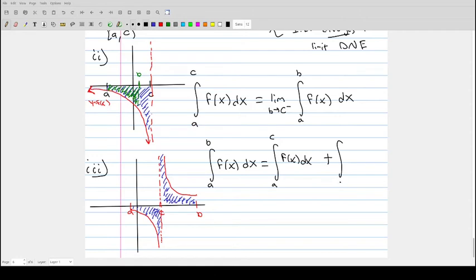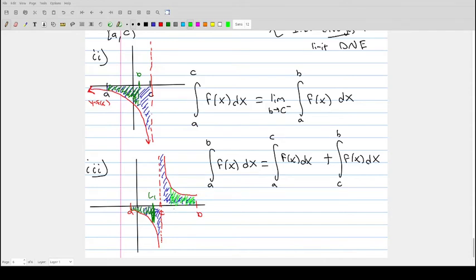So the improper integral from c to b of f of x dx exists. Remember, the improper integral from the left is going to be the limit of this improper integral as this value right here, say L1, approaches c, and the improper integral from the right is going to be the value of this integral right here.